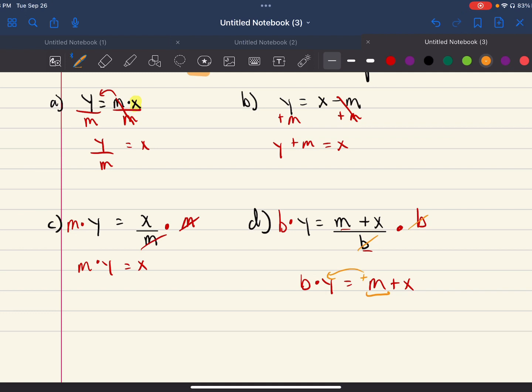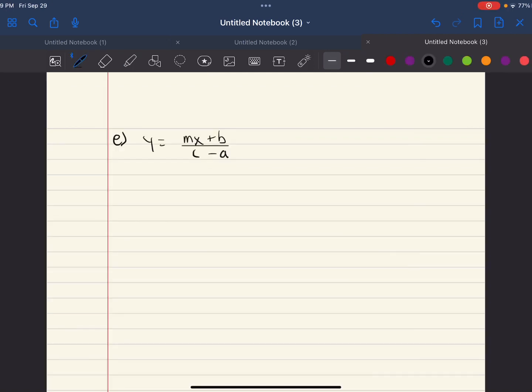So plus m, in order to remove m on both sides, I'm going to subtract m. And that would get rid of this m over here. And so I'd be left with b times y minus m, and that equals x. And that would be the two-step algebraic problem over here.